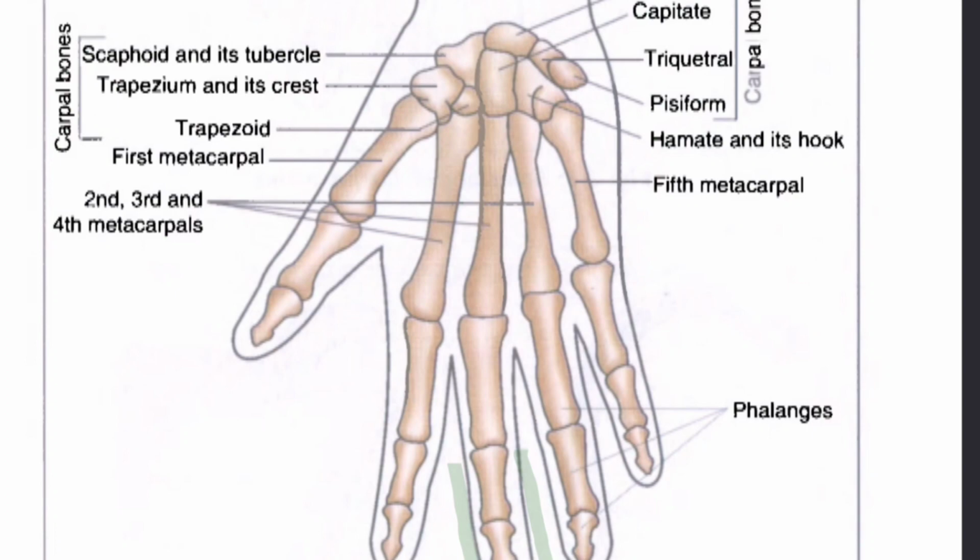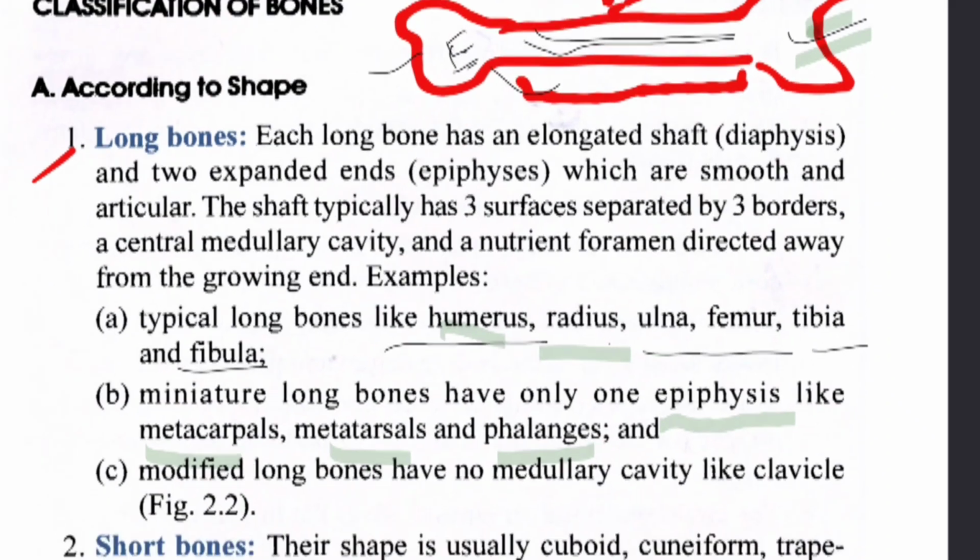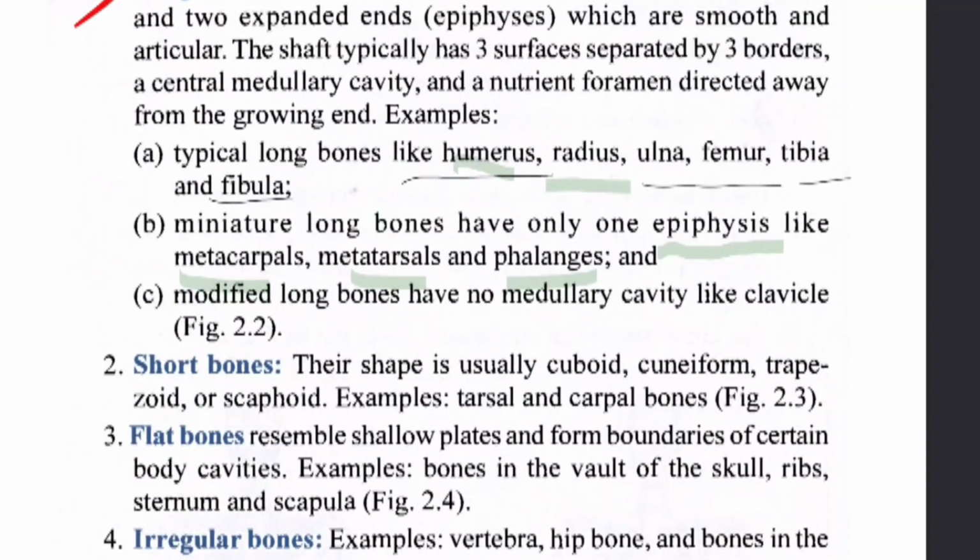Let's go back and see where we are. Then we go to the short bones, another classification. In short bones the shape is usually cuboid, cuneiform, trapezoid or scaphoid. This mainly refers to the tarsals and the carpal bones in the hand.